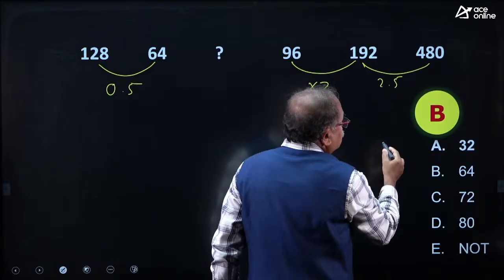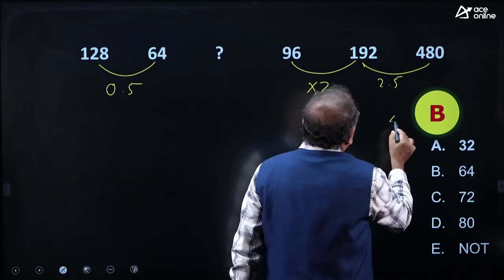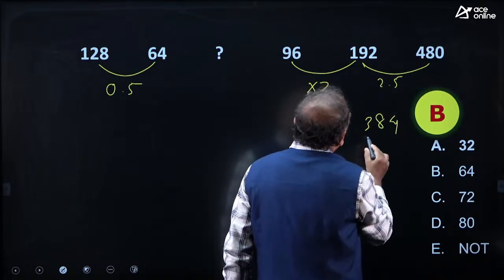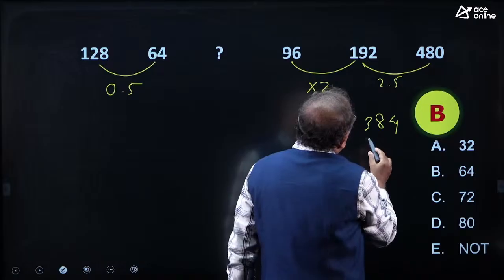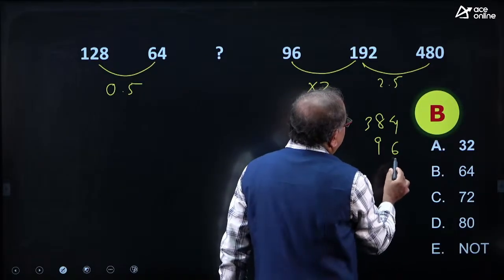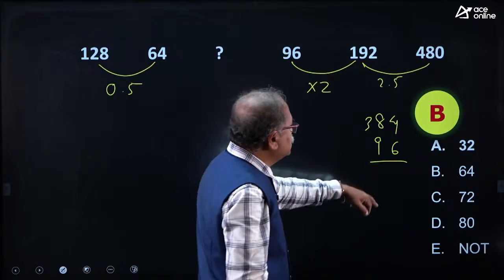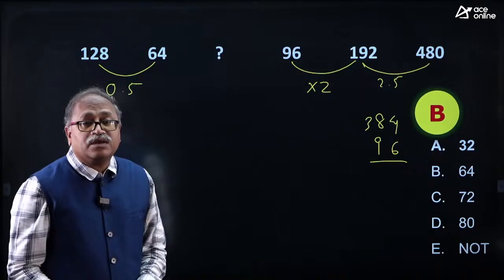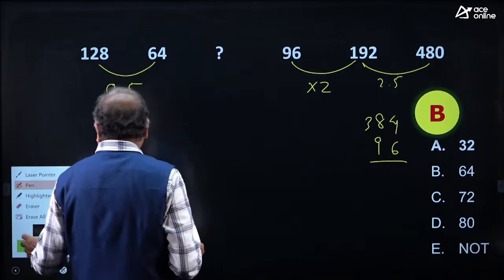So 2 times of this will be 2, 4, and 38, followed by half of this number, that is 96, and if I add up, how much does this come to? 10, 18, and 4. So it is 480. Well done, sir. So that fills the blank over here.